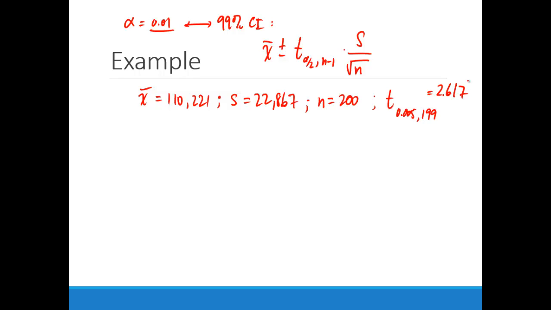Our confidence interval, we can calculate this thing. It's going to be 110,221 plus or minus 2.617 times standard deviation, 22,867 over the square root of 200.